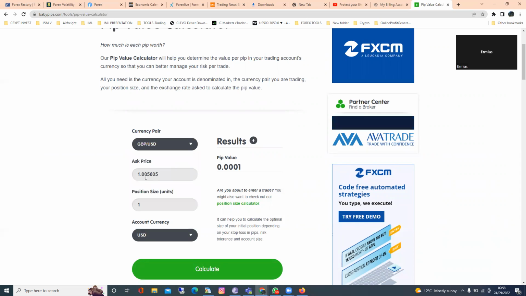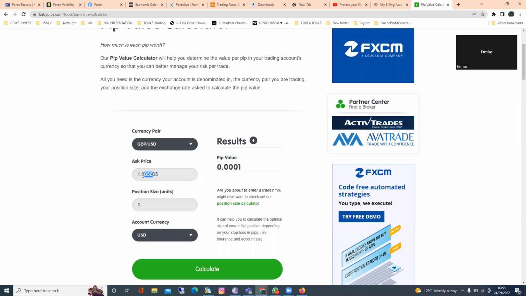Let's look for pound. All right, so usually the last 4 are the ones where a pip occurs. So when you look at this now, 1.0856, right? So currently we have about 856 pips from zero. That is where the pound is.